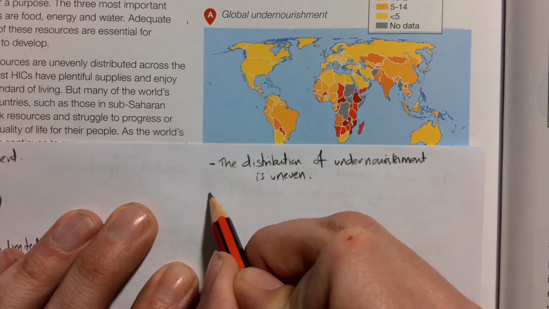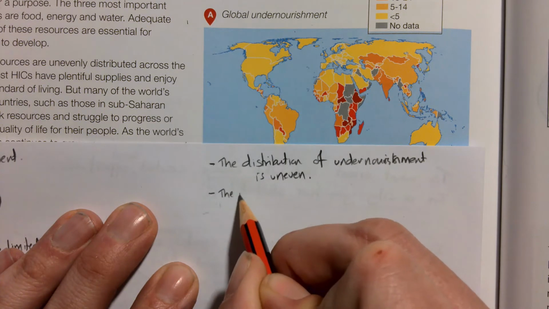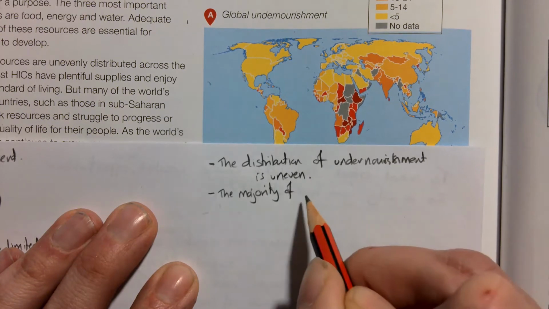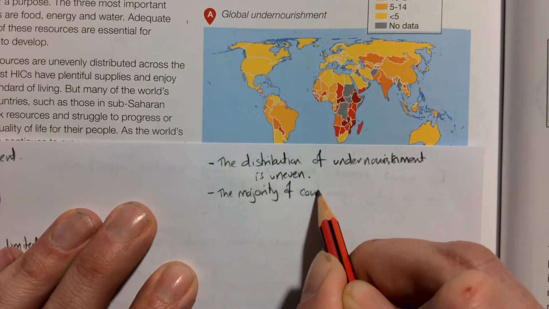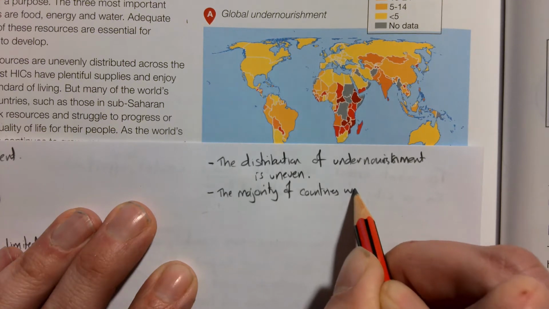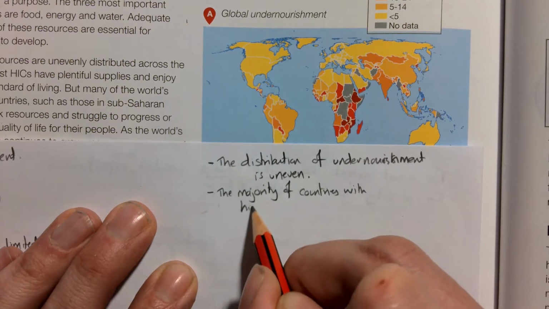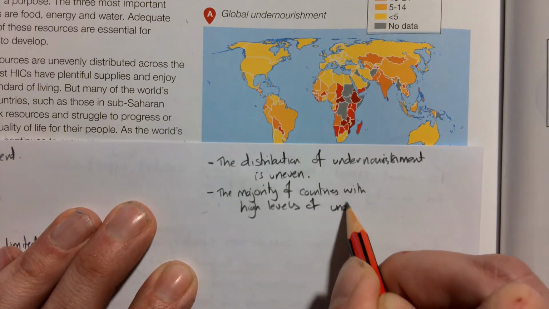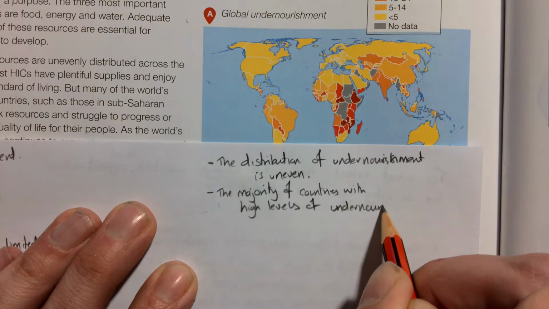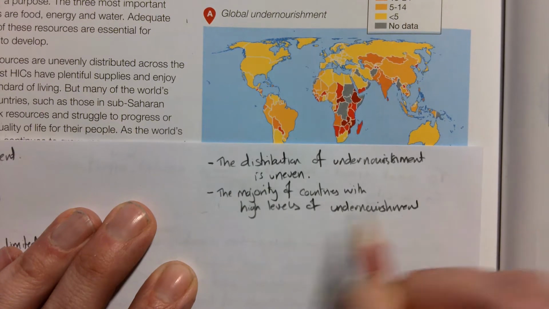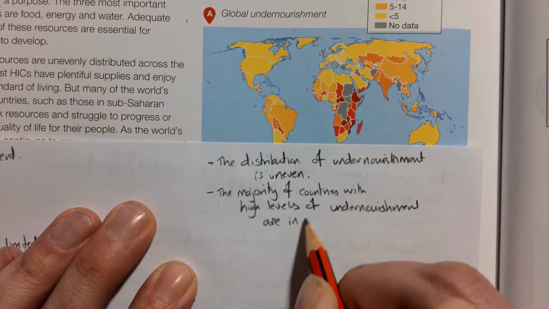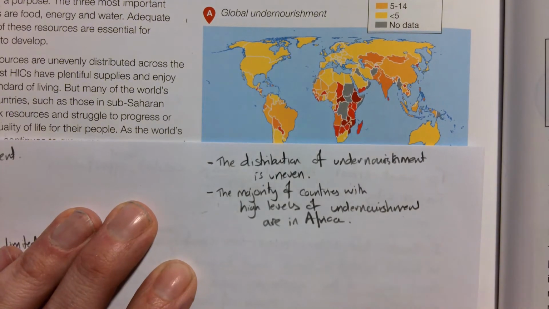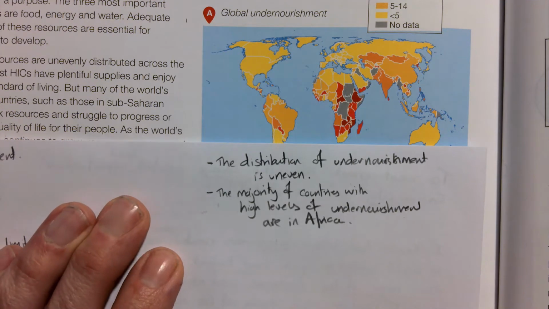So we could start off by saying the majority of countries with high levels of undernourishment are in Africa. If you know some of those countries, then it's great to use their names.